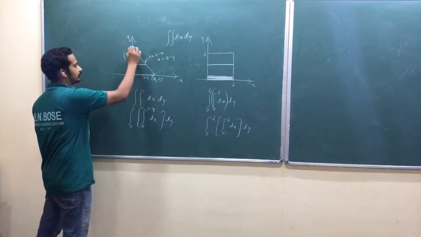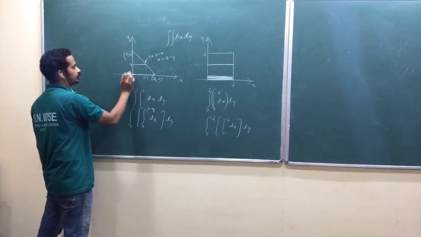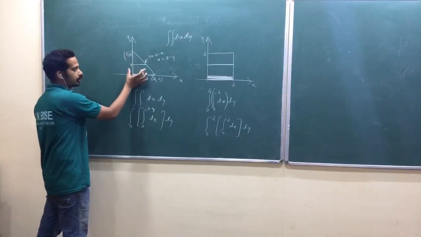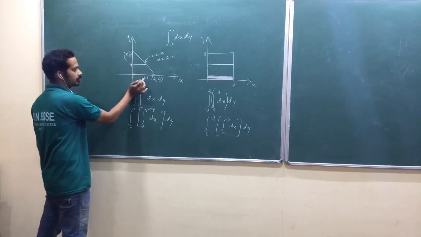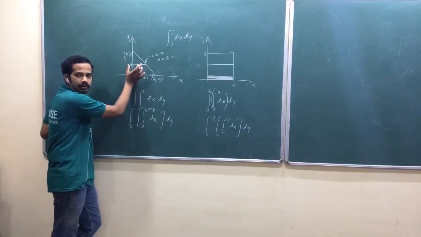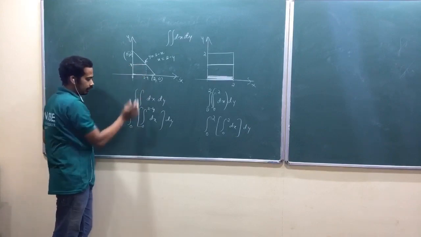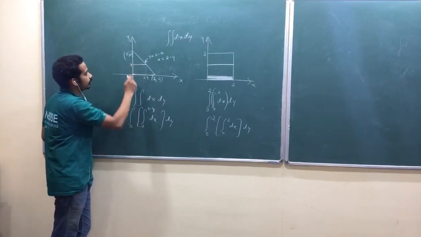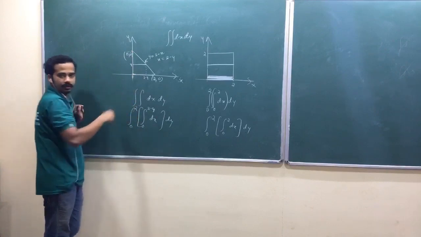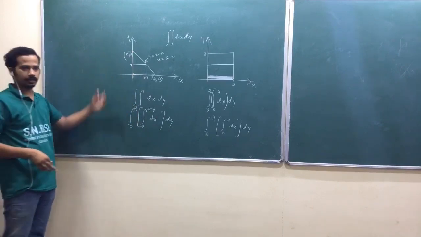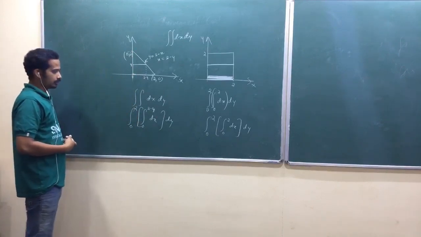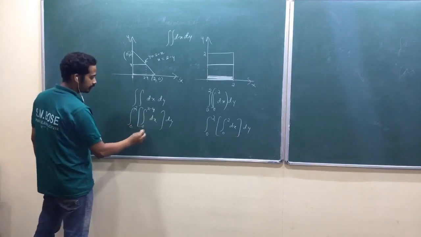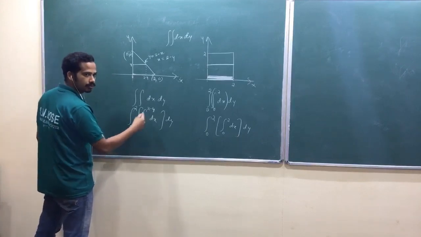Then you can integrate again, this time with y running from 0 to 2. But in this line, x running from 0 to 2 minus y is an arbitrary line segment here. Next, you have to sweep that one, with y running from 0 to 2, so that you will get the entire area. Is that okay? So now look at here, 0 to 2 minus y dx. What is this one? 2 minus y, am I right?